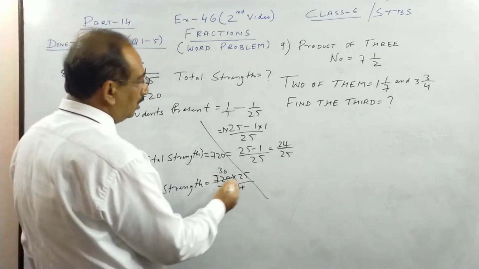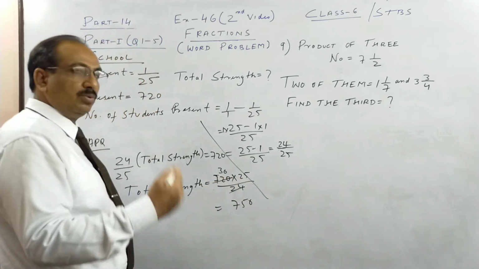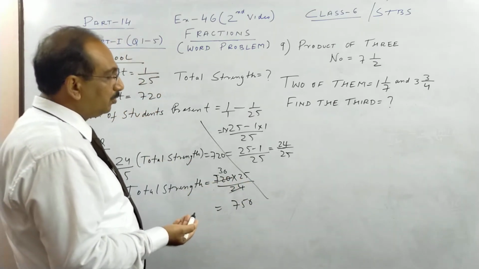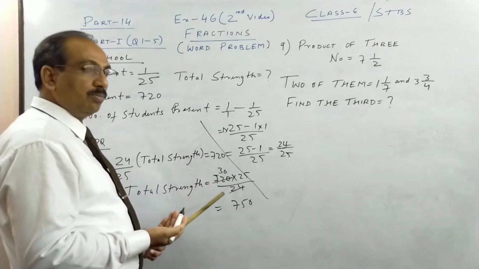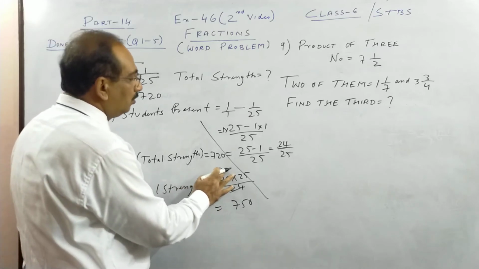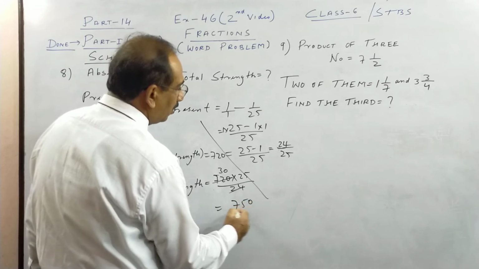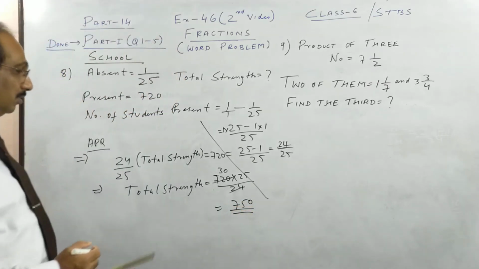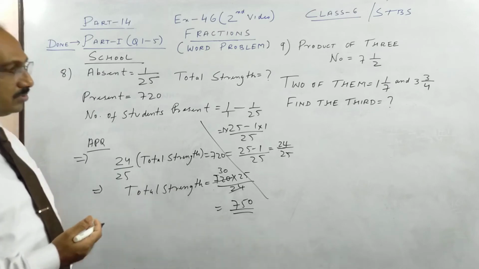So the answer will be 750. 30 into 25 is 750. You multiply and do it, otherwise very easy. 25 3s are 75, and 1 zero we get here. So this is the total number of children in a school, what we call the strength of the school.